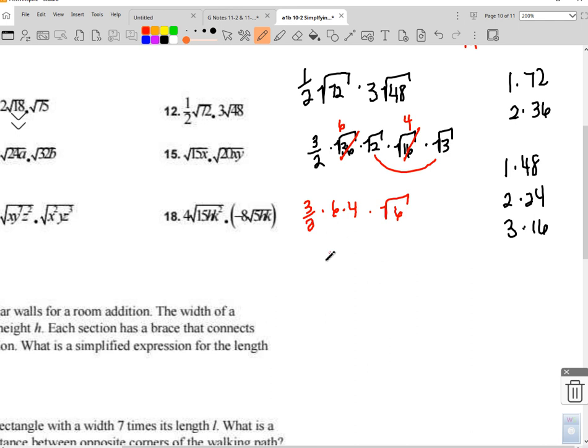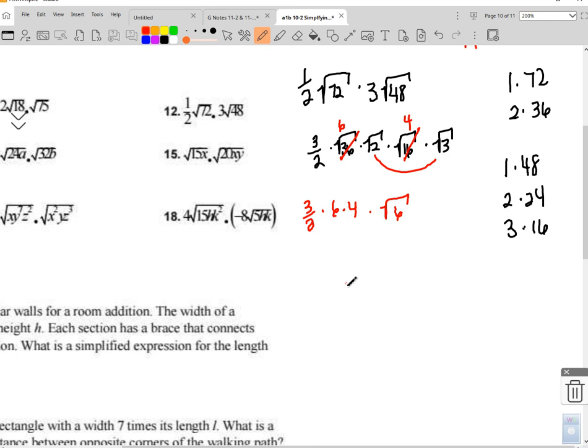I want you guys to practice doing this on your calculator. So it's 3 ABC 2 times 6 times 4. What do you get? You don't have to be able to do anything with fractions anymore because your calculator will do it. What did you get? Say it again? 36. Wait, 36?